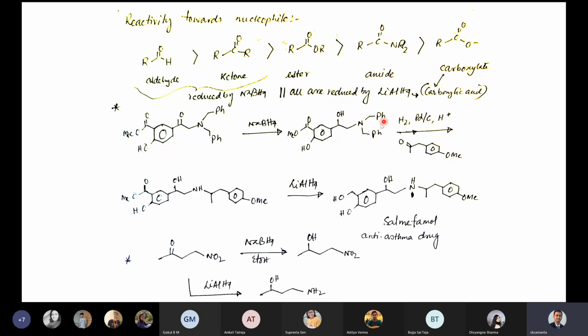So this is the benzyl group, CH2Ph group. This can be reduced with palladium on charcoal in the presence of hydrogen, and then you form toluene and NH2. Both of them will be removed. So you form NH2, and now if you use this kind of intermediate reagent, this NH2 will react with this C=O like an oxime, like a Schiff base formation.